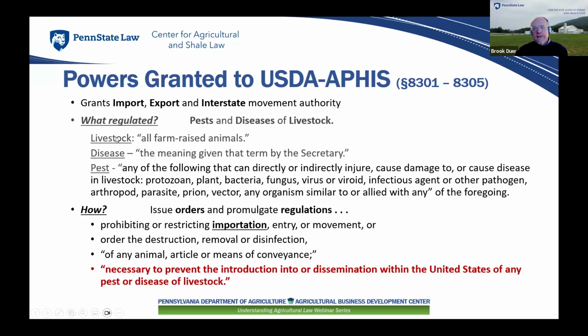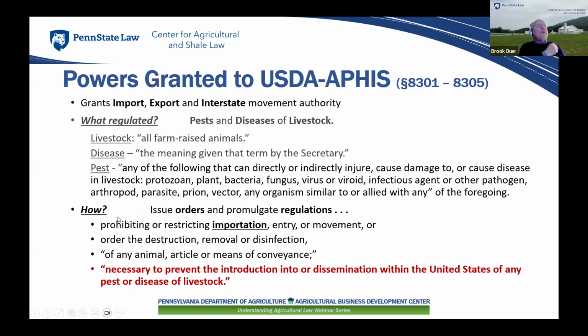It's not a defined list like some livestock definitions. When you look at the various statutes, you're all over the map sometimes. Here it's all over the map on purpose. All farm-raised animals. And of course then you get into, well, what's a farm-raised animal? What's a farm? That's a whole other discussion.